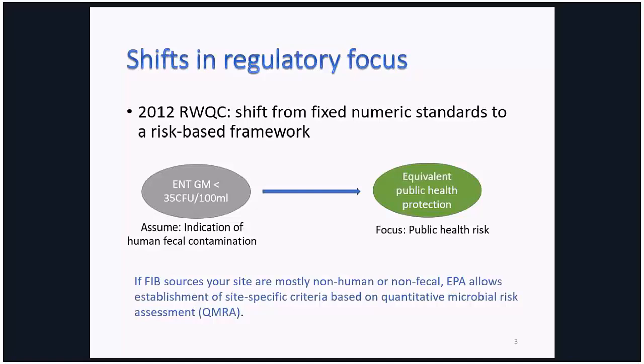This opens up a door for sites where the sources for fecal indicator bacteria, such as Enterococcus, are mostly non-human or even non-fecal. So EPA would allow you to establish site-specific criteria based on something called Quantitative Microbial Risk Assessment, QMRA.